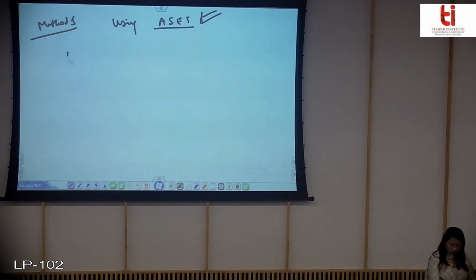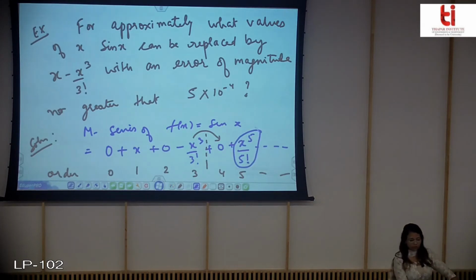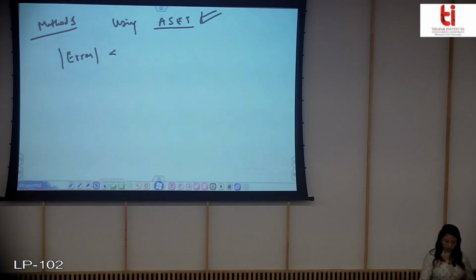So this is very simple: the error magnitude will be less than the first unused term. So this is the first unused term. We have already said that whenever the next term is 0, you have to consider it till here. So this one will be okay.